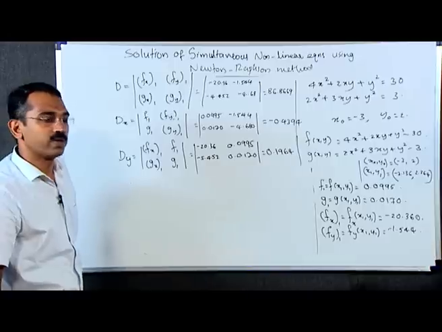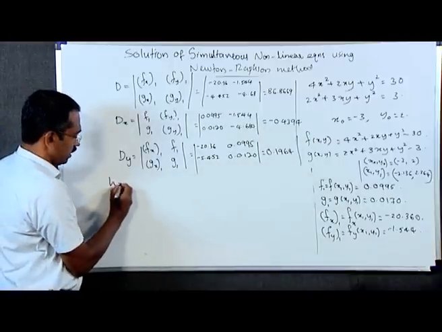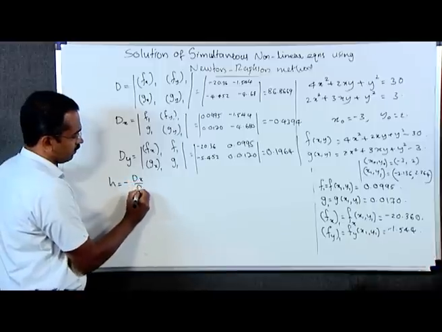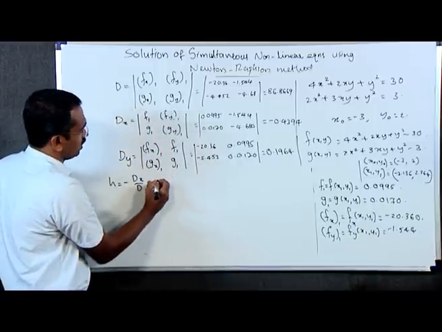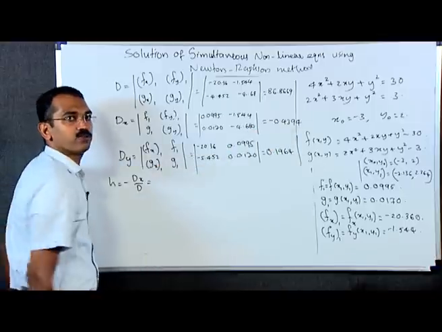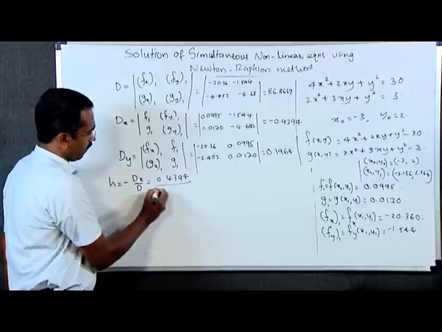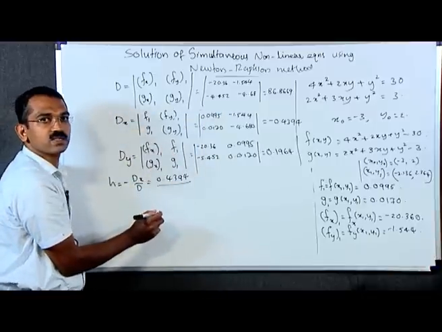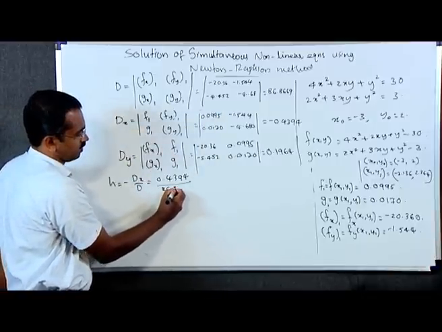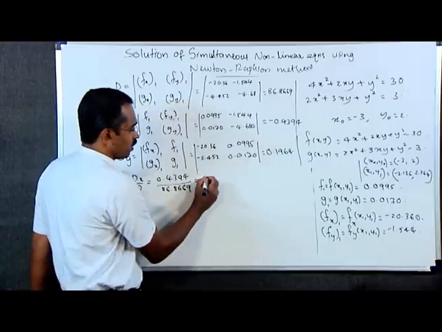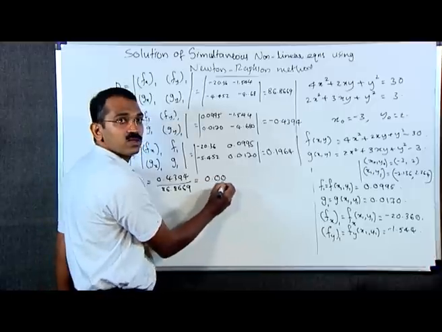Now, we will calculate h and k. h is equal to minus dx divided by d, that is minus of minus 0.4394, which is plus 0.4394 divided by d. d is 86.8669. This is equal to 0.0051.